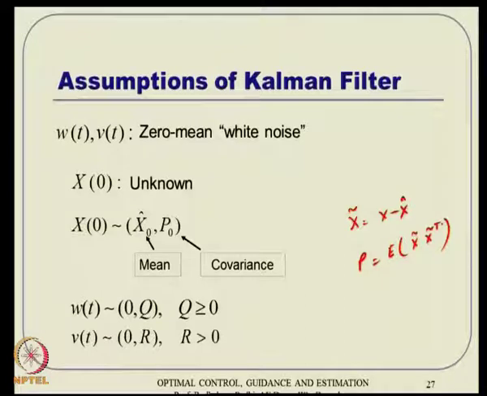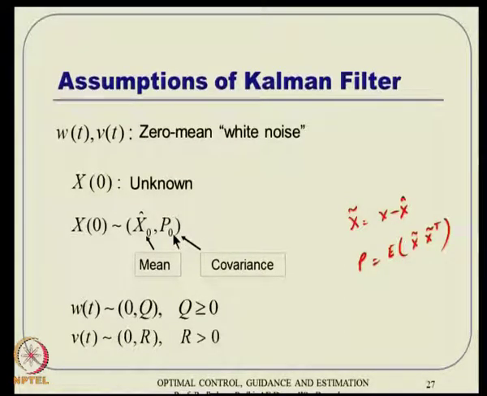Remember, this is an outer product, so that is a matrix. For the initial condition you put x 0 instead of x, and it becomes x 0 tilde times x 0 tilde transpose. So, that is the initial condition of the error covariance matrix.